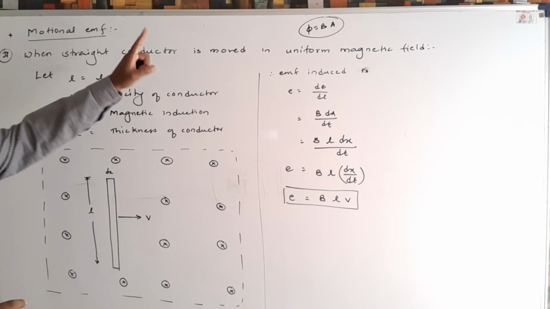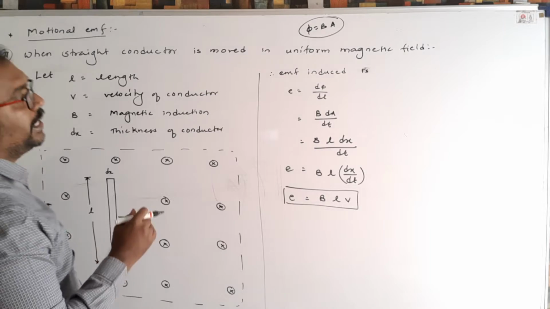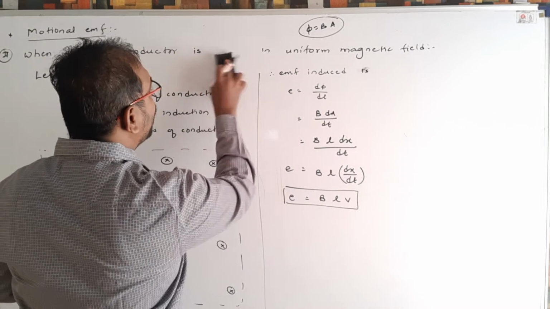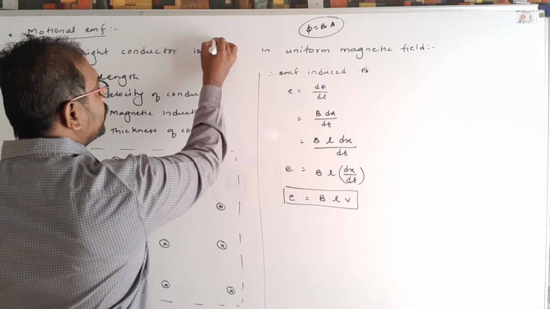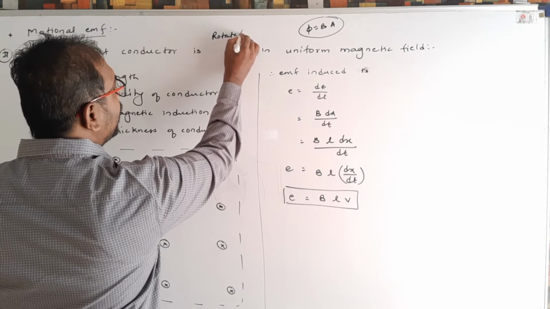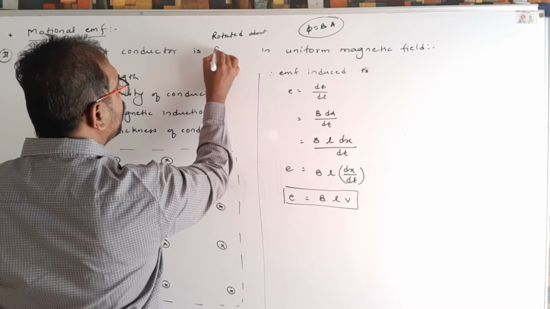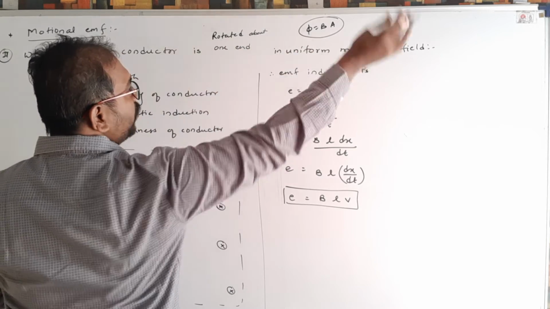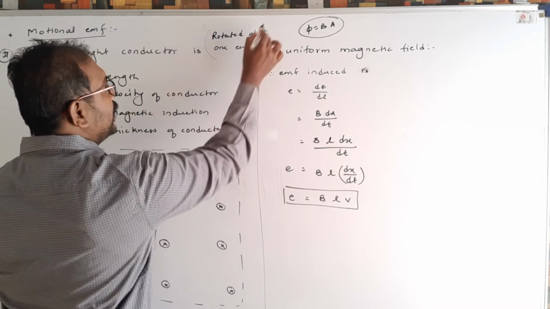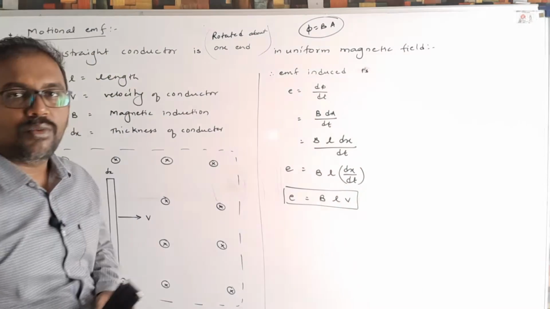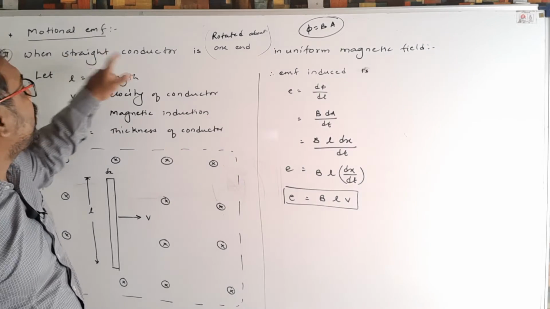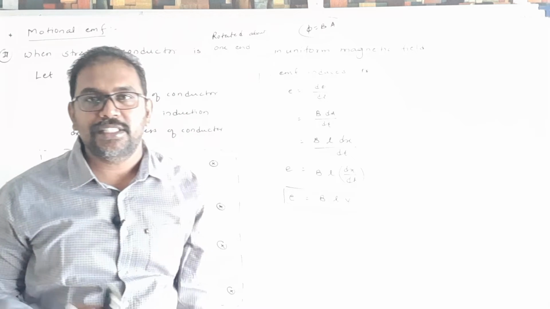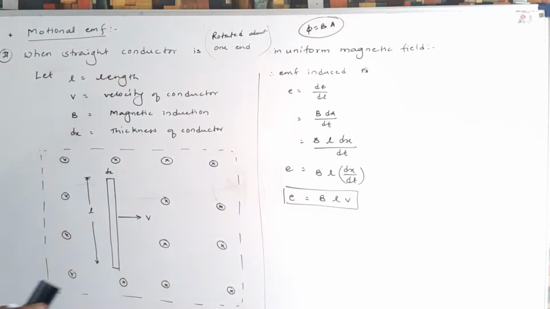When a straight conductor is rotated about one end in uniform magnetic field, how much is the EMF induced in the conductor, that we have to find out.